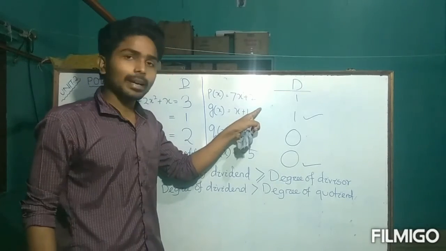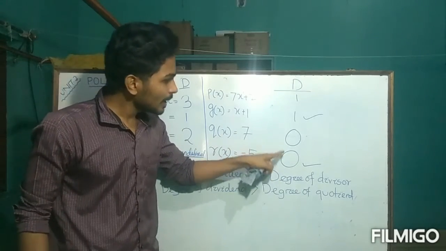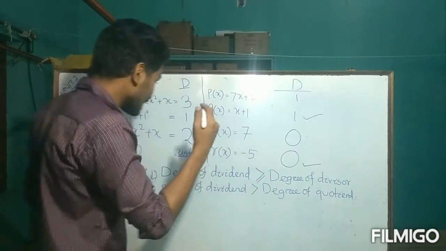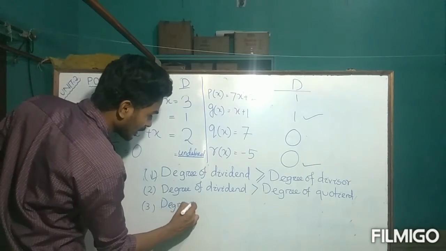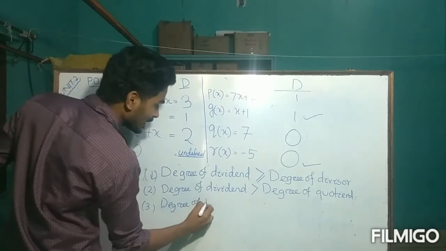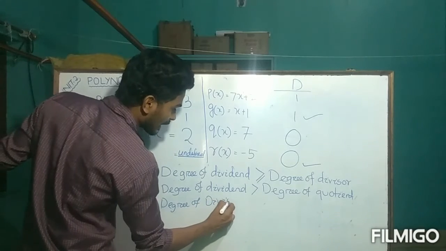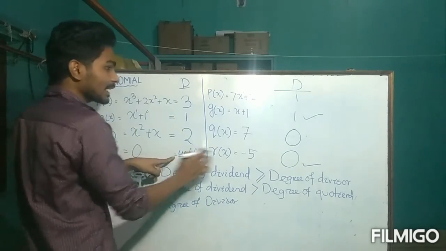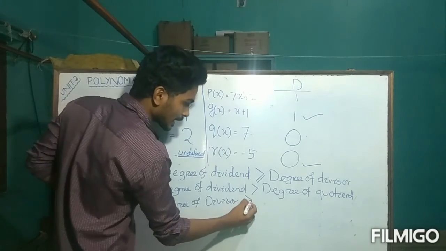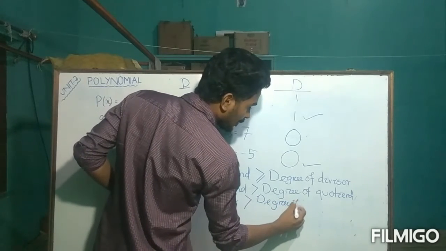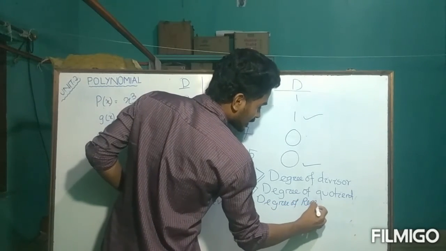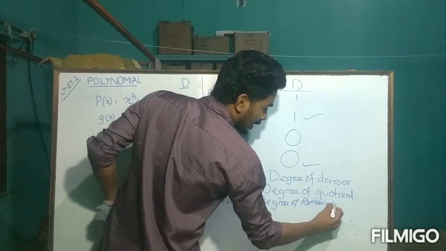So we can say that the degree of the divisor is always greater than the degree of the remainder. This is the third point.